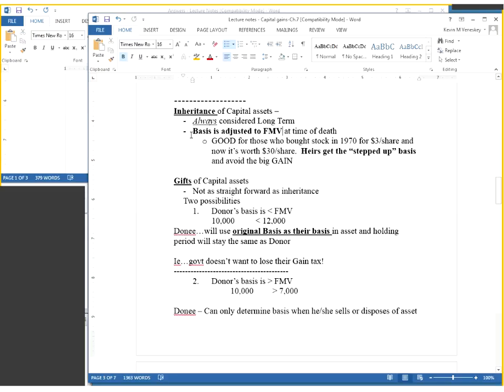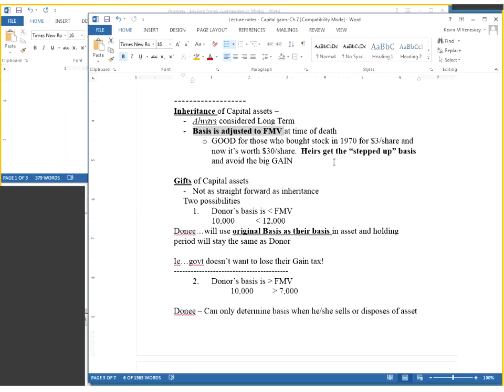The other good thing about an inheritance is the basis reflects whatever it is at the time of death, the fair market value. And that's the good part in that if the basis goes up, you get a much better gain treatment. So, for example, if an ancestor of yours bought some stock in the 1950s, very cheap back then, for $10 a share, and now that stock is selling for $100 a share.